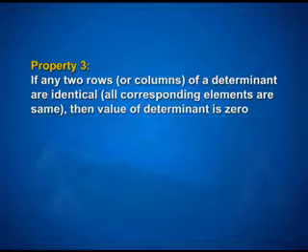Now students, look at the third property. If any two rows or columns of a determinant are identical, that is, all corresponding elements are the same, then the value of the determinant is 0.